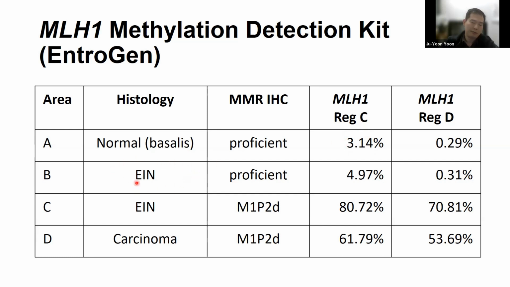In the precursor region where I saw proficient expression of MLH1, again, it's pretty close to the normal signal. And in the precursor with deficient MLH1 and PMS2, I saw very high signals in both regions C and D, and of course in carcinoma, a similar story, at around 100% when adjusted for tumor cellularity.